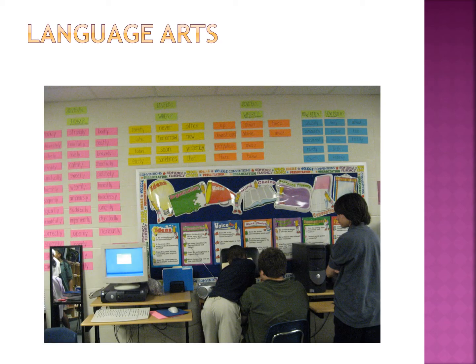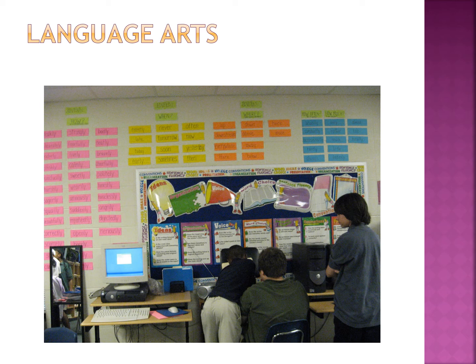This word wall I thought was really interesting. This is in a language arts class, and what they've done, and the labels are a little hard to see, is they have divided the words up according to the parts of speech. And this section is adverbs, and notice they've done these words tell how, these words tell when, these words tell where, and how often, and how much.